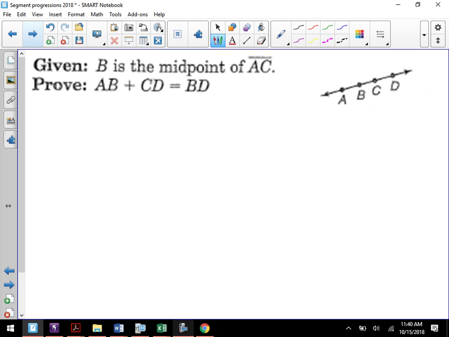Segment AC, then you have segment BD. AB, BD. Do they have something in common? What do they have in common? What? B.